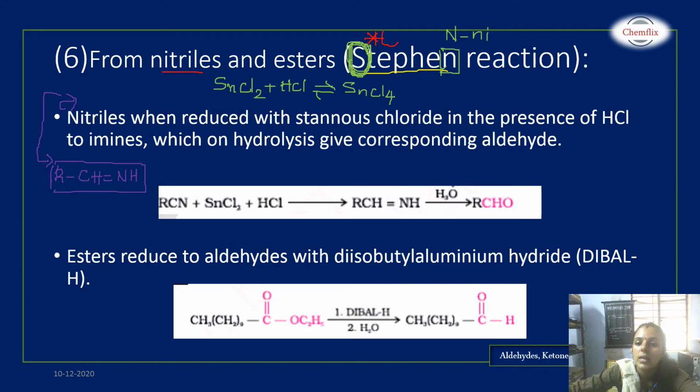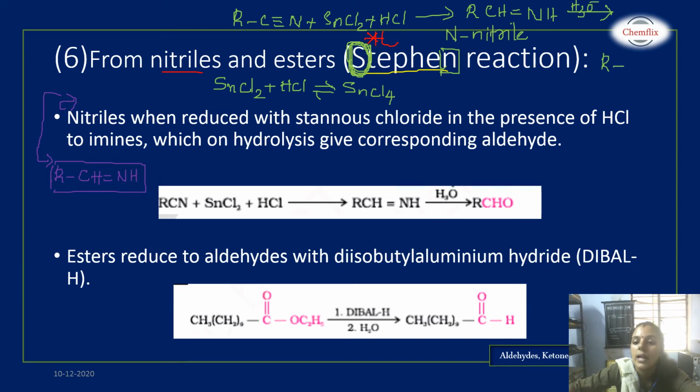So you are taking nitrile, RC triple bond N, and adding the reagent SnCl2 in the presence of HCl. Then reduction happens. Reduction gives RCH double bond NH, which is called imine, which upon hydrolysis with H3O plus gives the corresponding aldehyde, RC double bond OH.